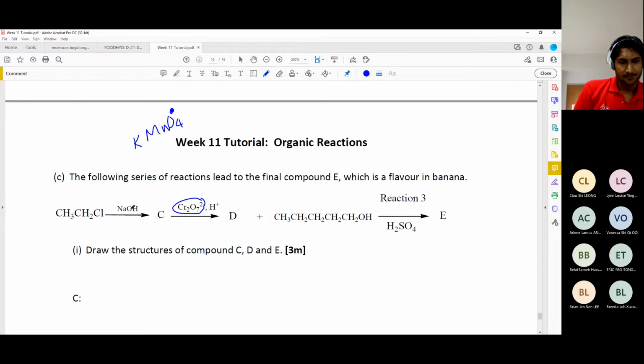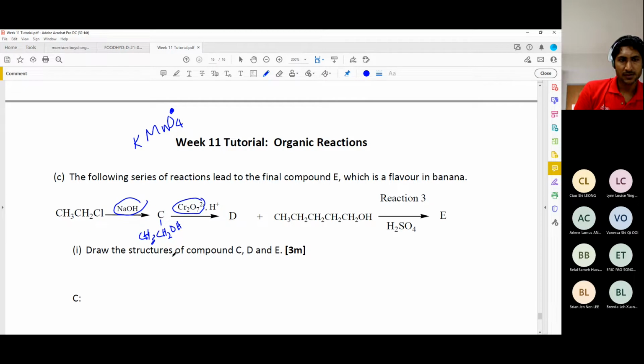So methyl chloride, if I add sodium hydroxide, the C will be produced. The C is CH3, CH2, OH. Ethanol is being produced.